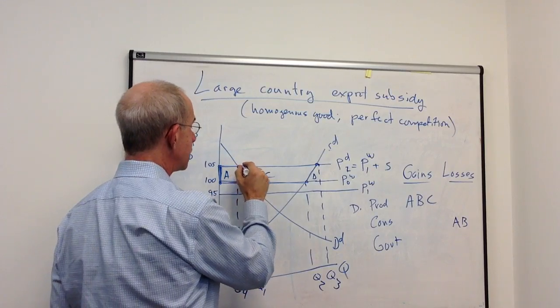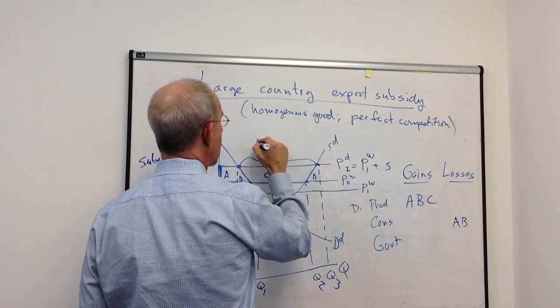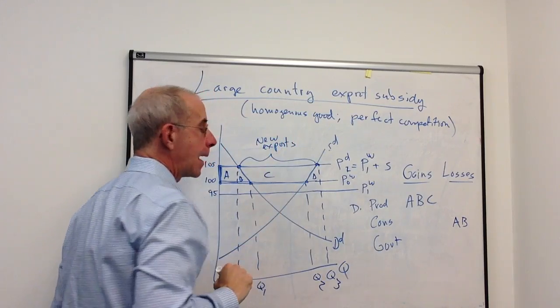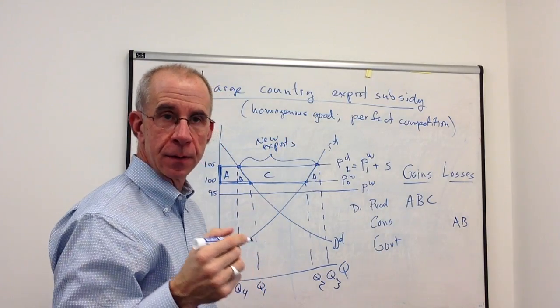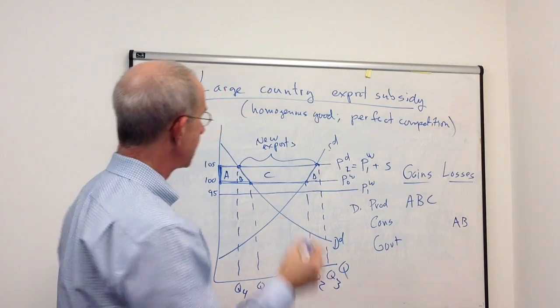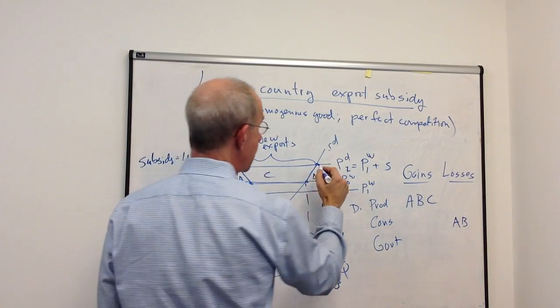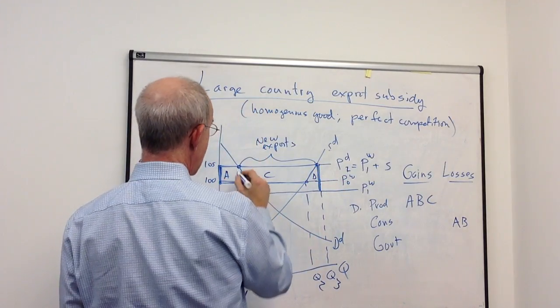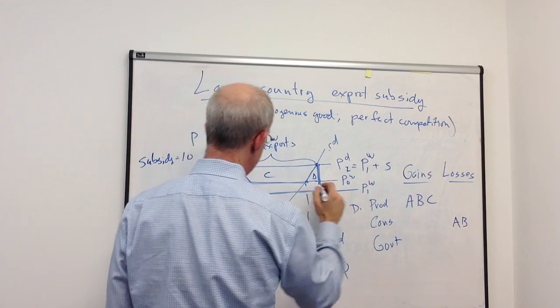So here's the new exports, and the payments that the government gives out is the new exports multiplied times the subsidy rate. Okay? That's this box.